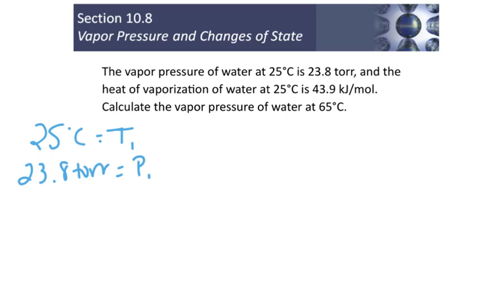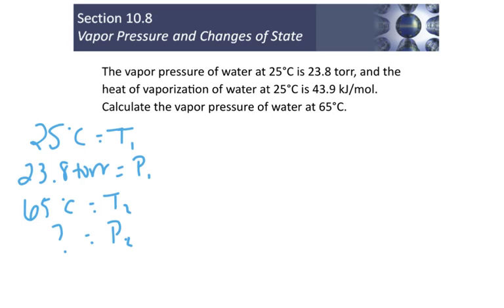So that's our first pressure. And then we want to know what is the vapor pressure at 65 degrees Celsius. So that's going to be T2, and I don't know P2. But this isn't a gas law where we can just do P1 over T1, because first of all, it's vapor pressure, not pressure of a certain gas. There's a difference, and that's the main difference.